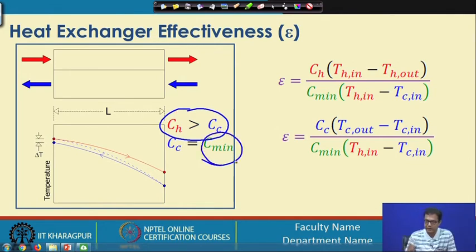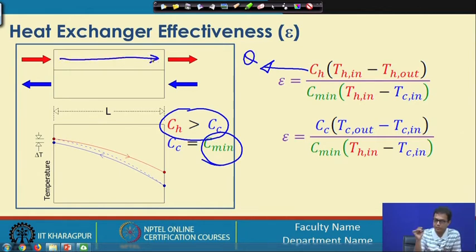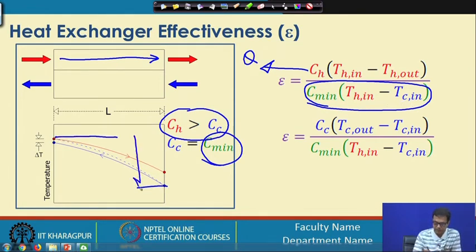In that case Q can be written as the hot fluid enthalpy change divided by the maximum enthalpy change that could have occurred: C min, where the cold fluid is the C min, multiplied by T H in minus T C in, the maximum difference in temperature, delta T max.